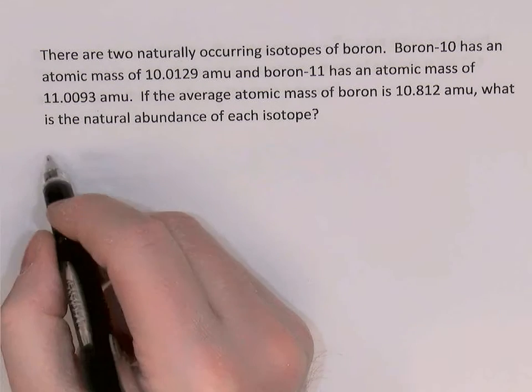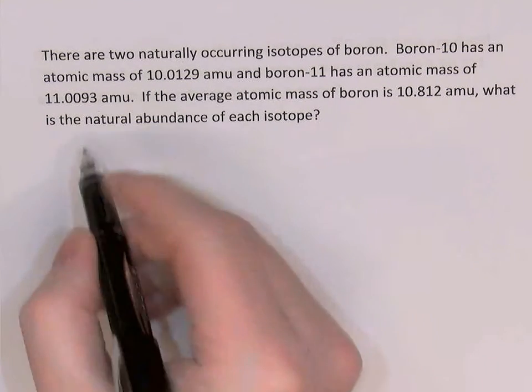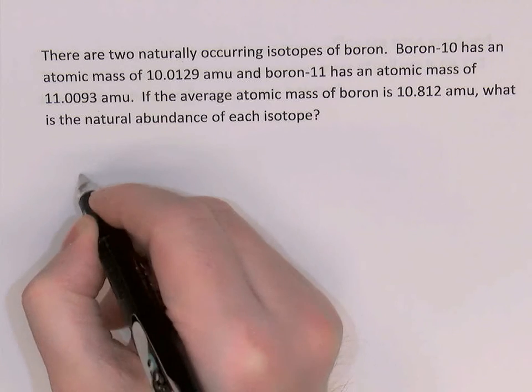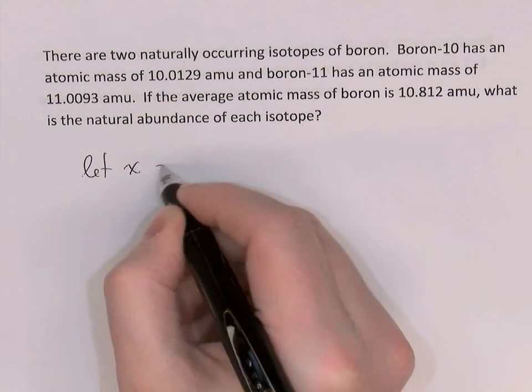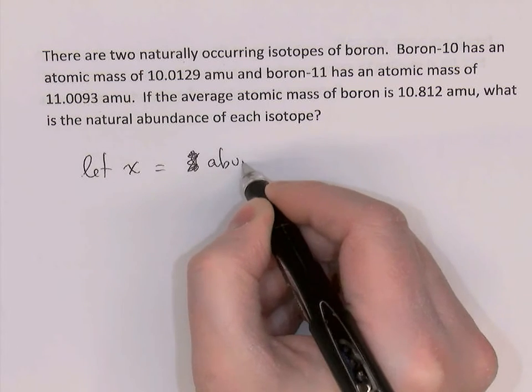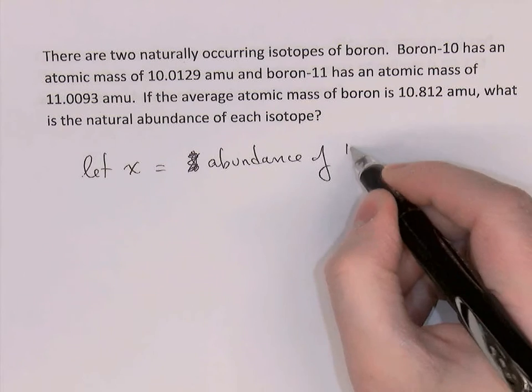So what I'm going to do, because we have 2 unknowns here, we have the abundance for each isotope, I want to start by identifying my variables. Make sure you do this. We want to let X be the abundance of boron 10.